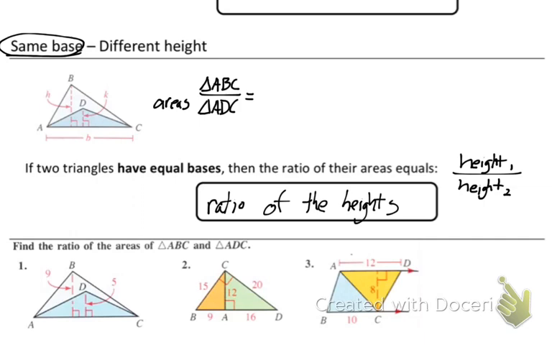All right, triangle ABC is going to be half of my base, which is B, times my height, which in this one is H. And my other one is half the same base times the height, which is K in that one. Bases cancel, 1/2 cancels, it is H over K, so it's definitely the ratio of heights.